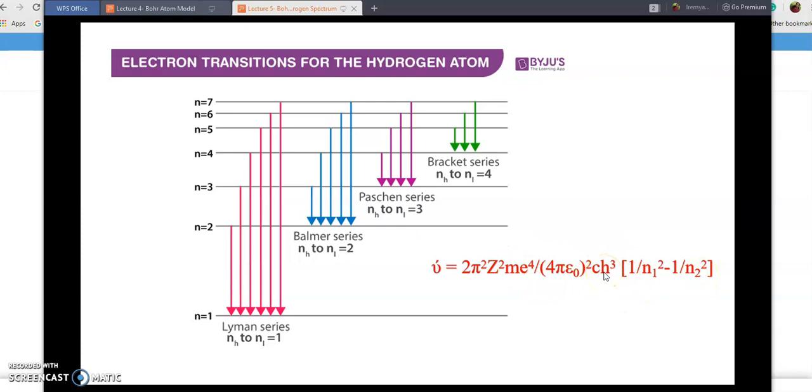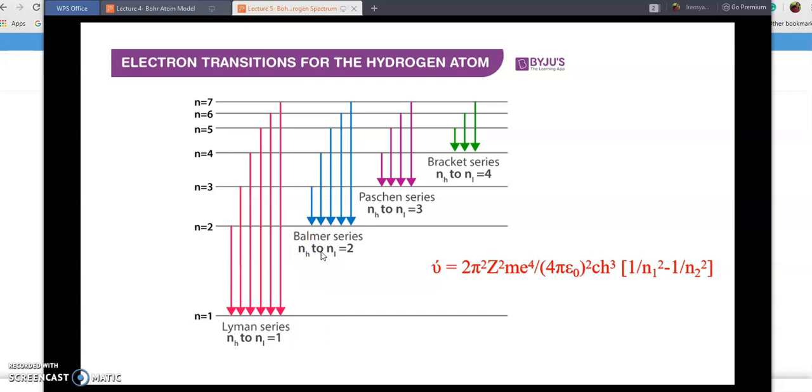Next, the Balmer series results when the electron jumps from third, fourth, fifth or higher energy levels to the second energy level.